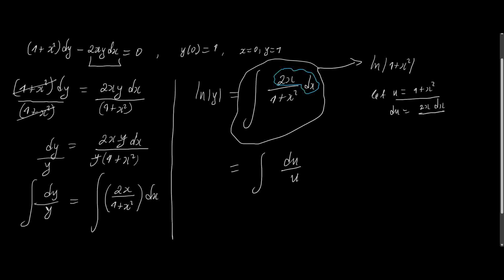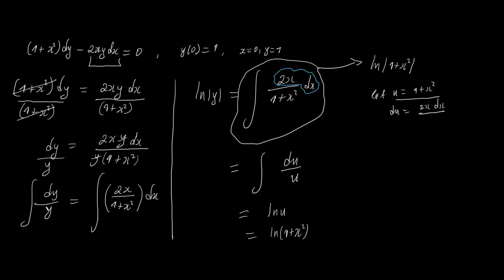We already saw that this is ln of u, which is the ln of the absolute value of 1 plus x squared. To be safe, it's always important to solve it manually, use your substitution, and at the end have this result. So that's the solution for the right hand side.